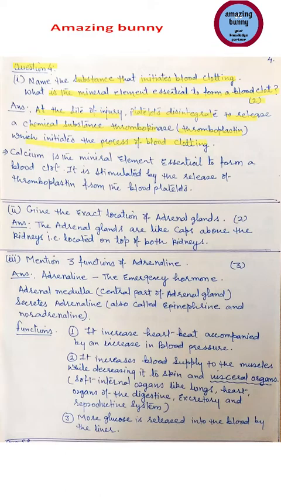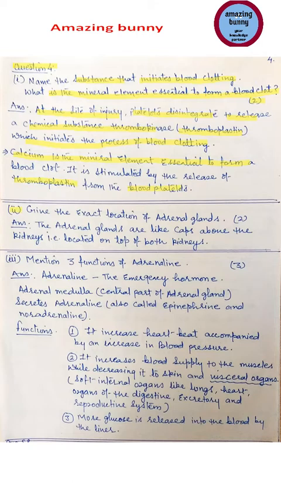So we can say that platelets release thromboplastin and start the process of blood clotting. And what is the mineral element essential to form a blood clot? Calcium is the mineral element essential to form a blood clot, and it is stimulated by the release of thromboplastin from the blood platelets.